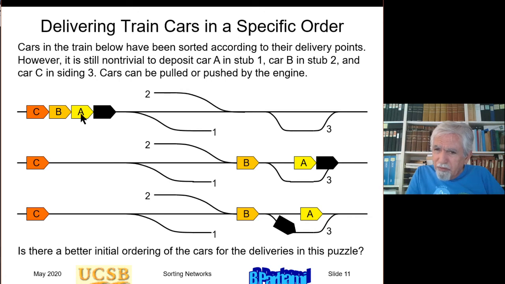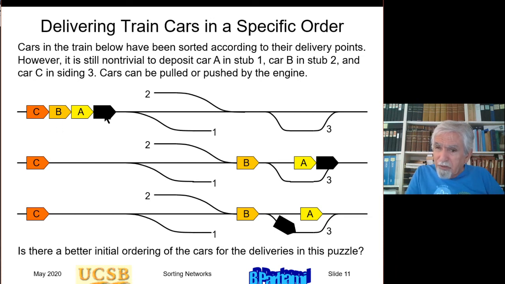In order to deliver car A into this stub, the engine had to go many, many miles and come back in order to be able to do that. Okay? So arranging the train in the appropriate order before it leaves the station is advisable.